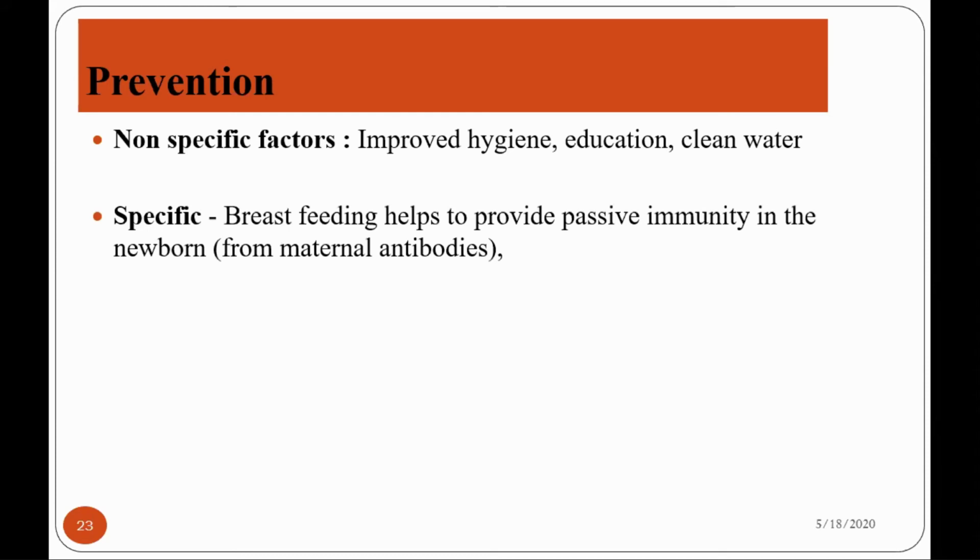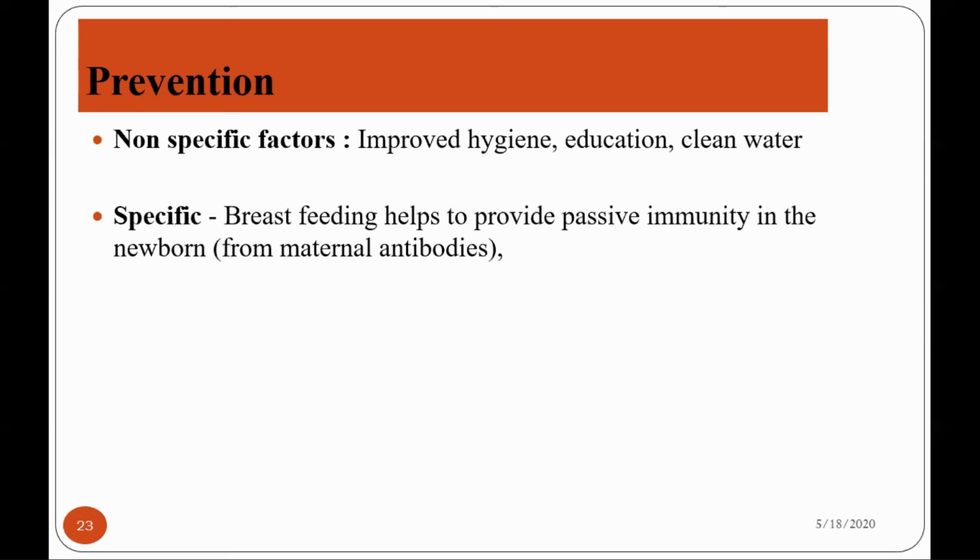The specific factor for prevention from rotaviruses is breastfeeding. In the mother's milk, there is the presence of secretory immunoglobulin, that is immunoglobulin A. This immunoglobulin A helps to provide passive immunity against rotaviruses in newborns and children.